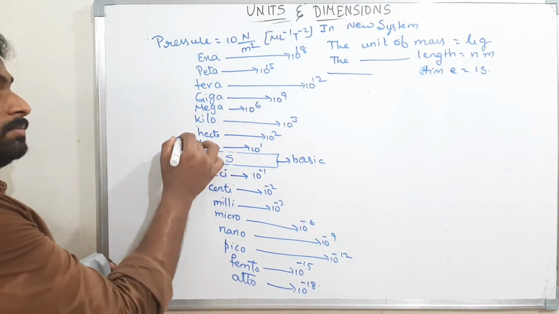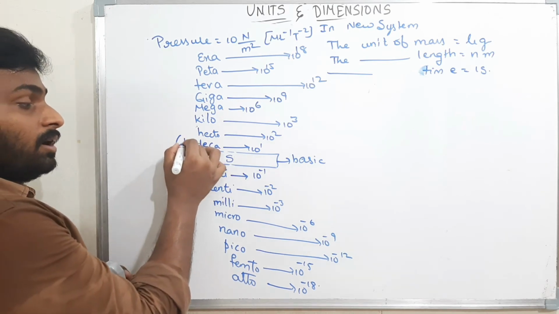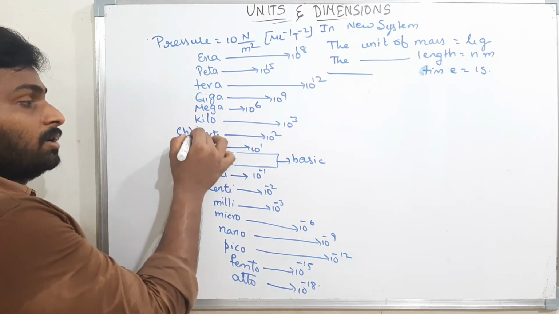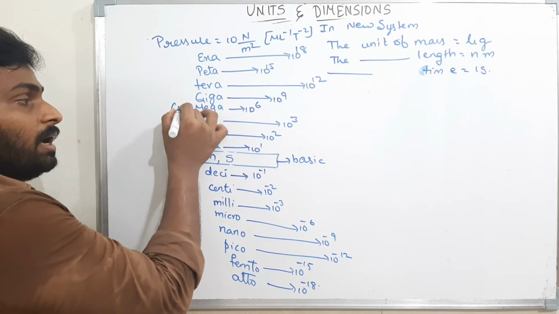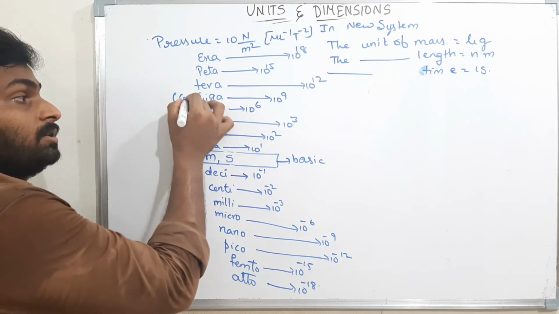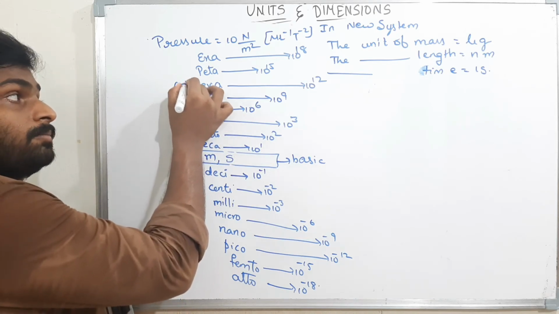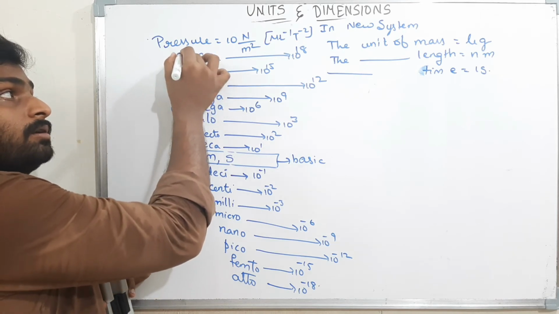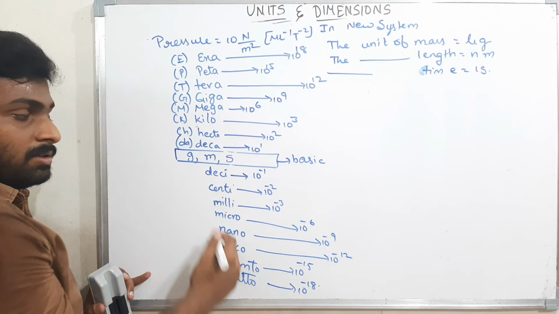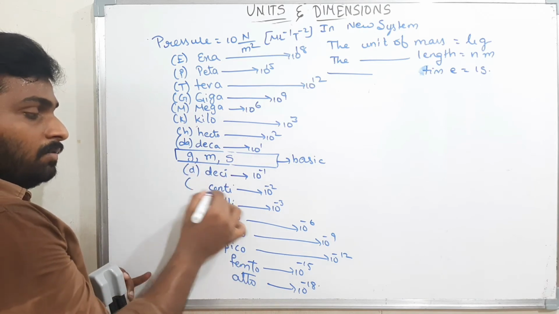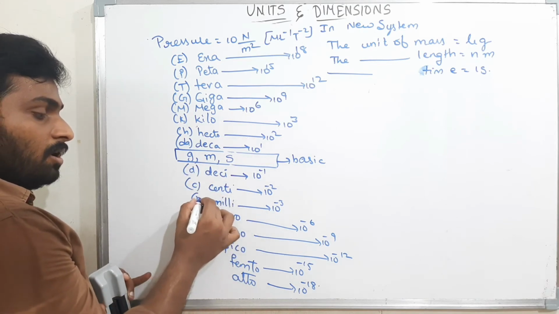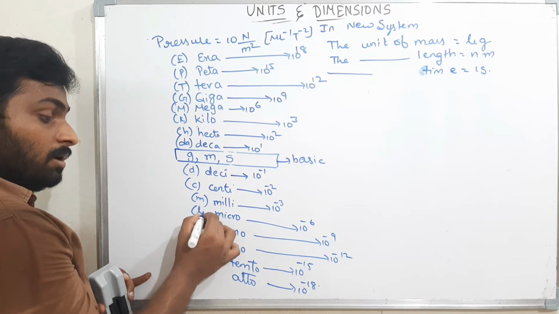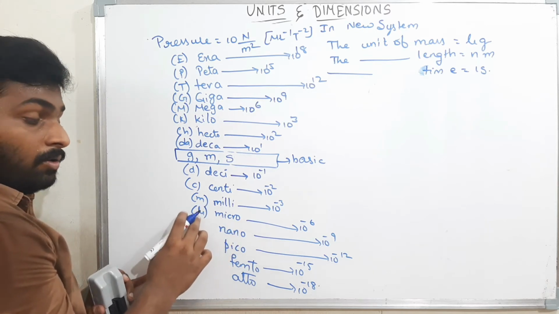What are their symbols? For deca, da; for hecto, h; for kilo, k; for mega, capital M; for giga, capital G; for tera, capital T; for peta, capital P; for hexa, capital E. For deci, small d; for centi, small c; for milli, small m; for micro, the symbol is mu.